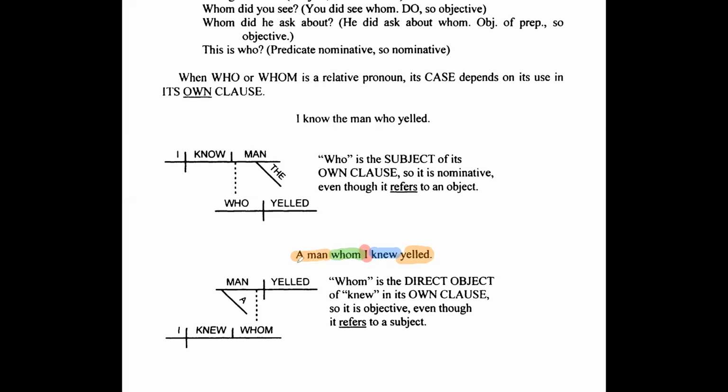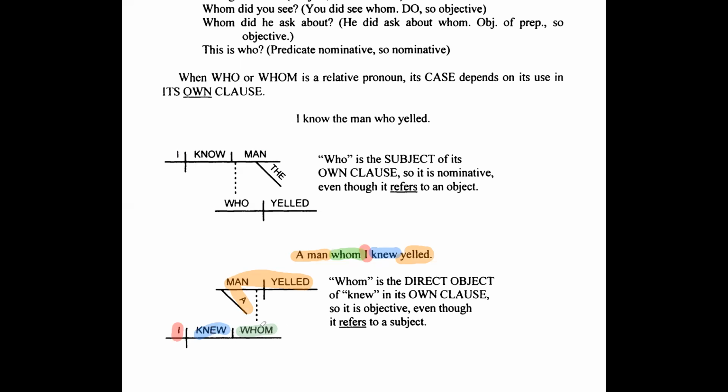So look how we diagram this sentence. A man yelled. I is our subject, in red here. Knew is the verb. Whom is the direct object. But whom is still referring back to man. What is whom referring to? I knew a man, right?